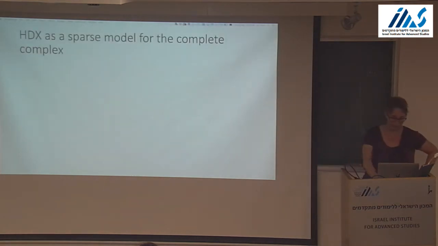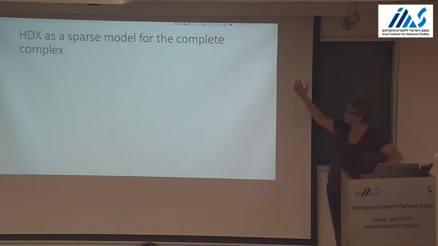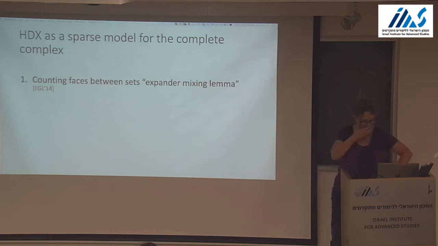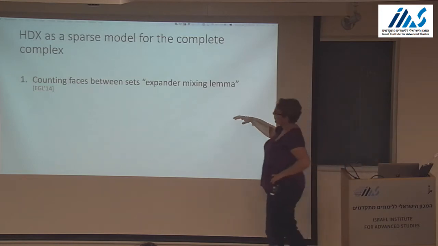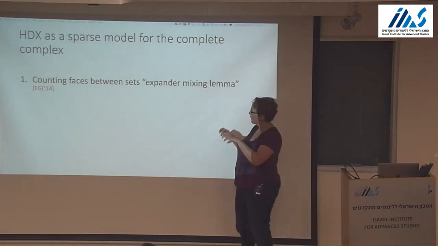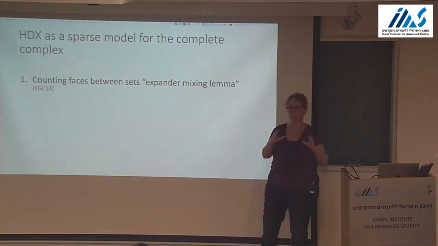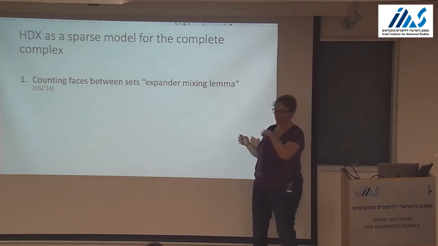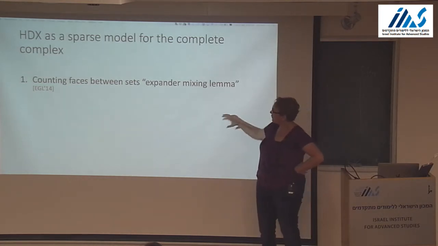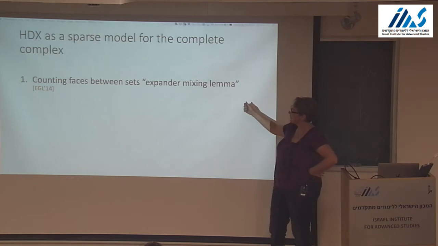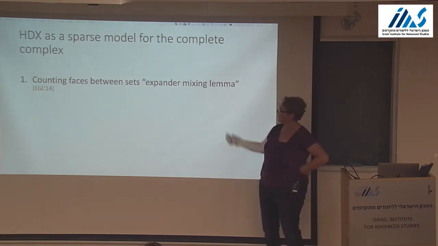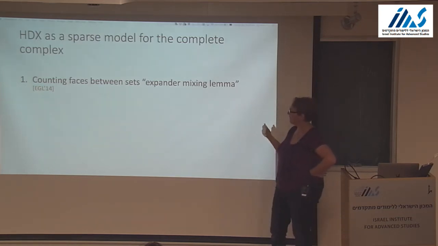Okay. So, in what ways am I making this kind of blanket claim? So why am I saying it? So one thing is, if you look at the high-dimensional expander and you mark some set of vertices and another set of edges, and so on, and you start to count faces between them, you get the correct number, in the sense that it's like in the complete complex.